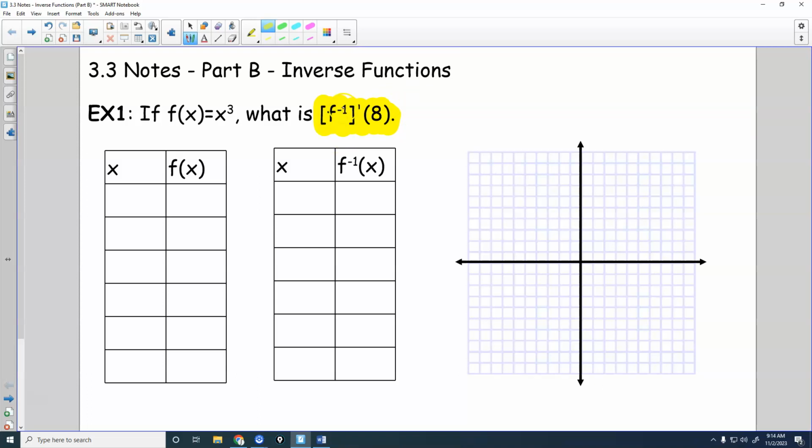This is f inverse prime. So this is the derivative of f inverse at 8.